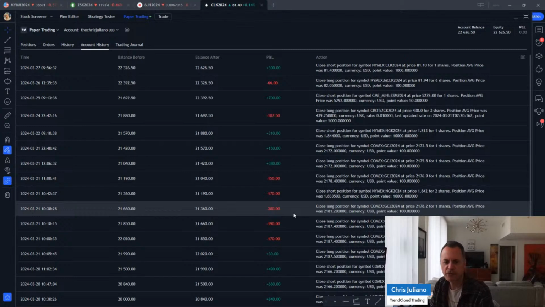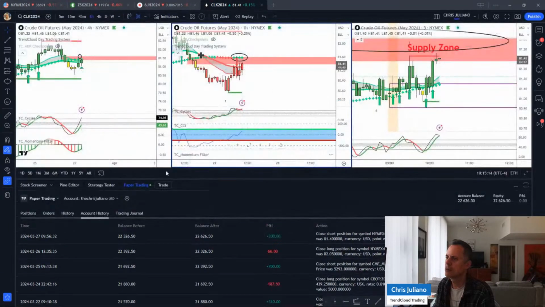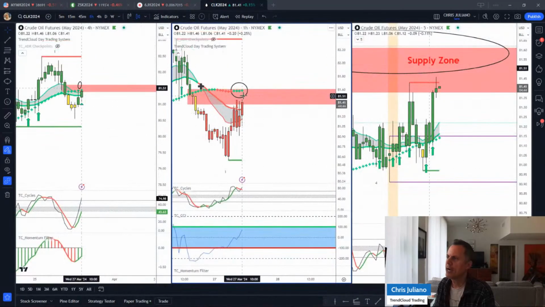Well, the trade reversed on us, just like it was doing here. I ignored the TrendCloud signals. Sometimes you'll be in a trade and TrendCloud will give you these signals saying, we could be reversing here. The narrative is changing.